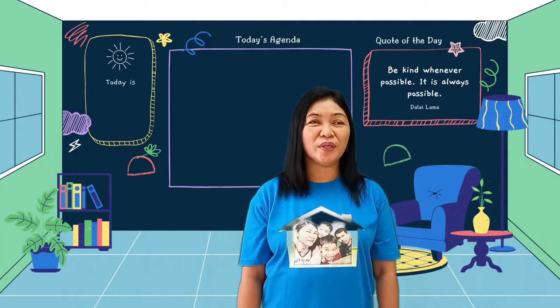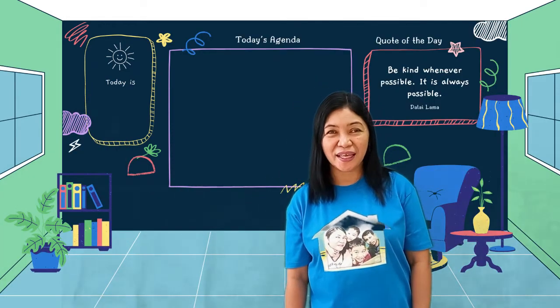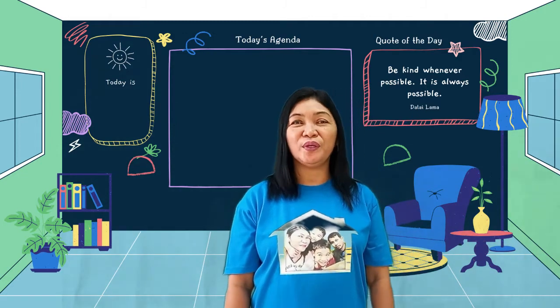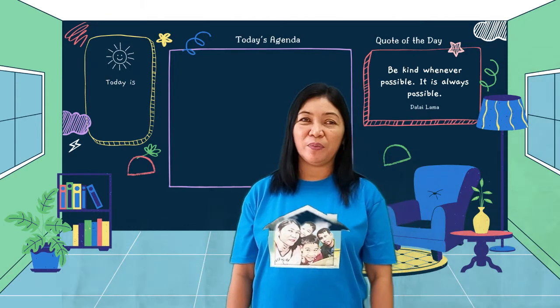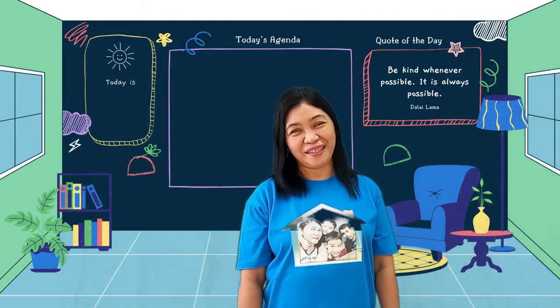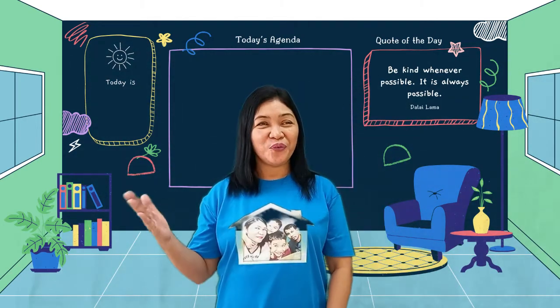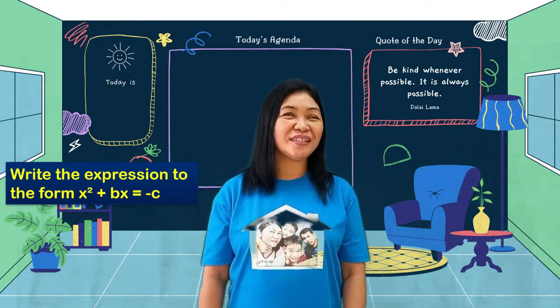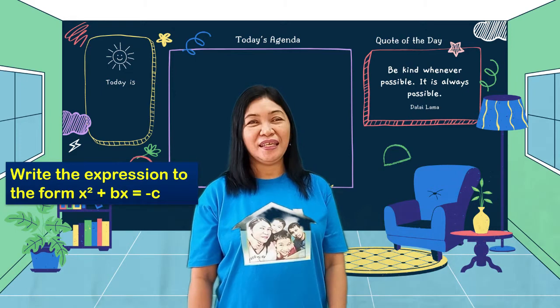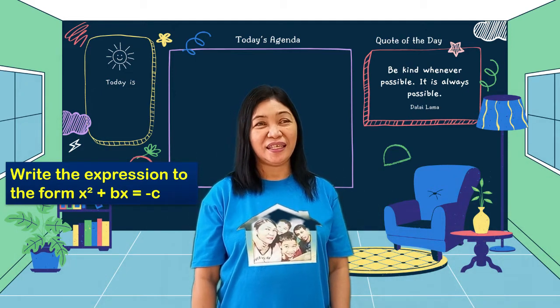Before we try a real-life application of today's lesson, we enumerate first the steps in solving quadratic equation in one variable algebraically by completing the square. First, we write the expression to the form x squared plus bx equals negative c.